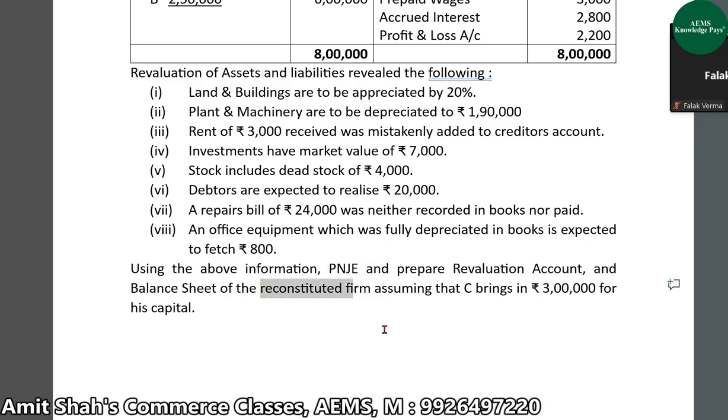What is reconstituted firm? That I will explain you later. We have to pass journal entries only for the above information and not for this one. So I'm not passing any entry for the cash brought in by C into the firm.